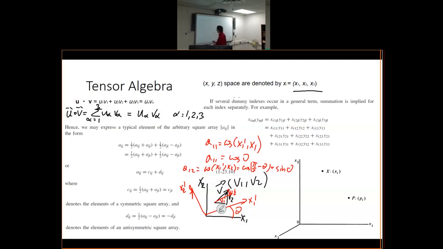So this is, for example, the anti-symmetric component, and this would be the symmetric component. And this is the method by which, from any matrix or any tensor Aij, you can express it as a summation of symmetric and anti-symmetric components.